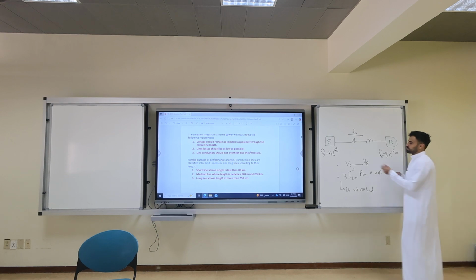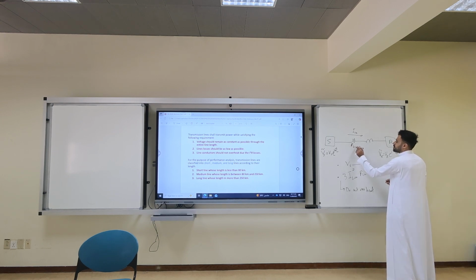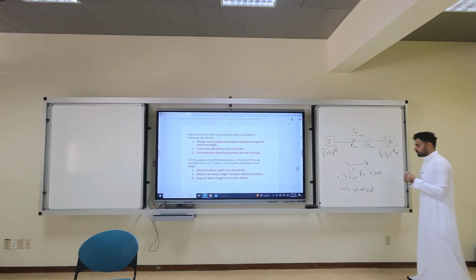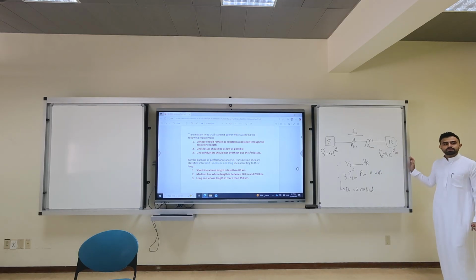Is there a certain range for the losses? No, that's generic. Something like under 50 watts? No. You have something in megawatts, maybe 1 megawatt.